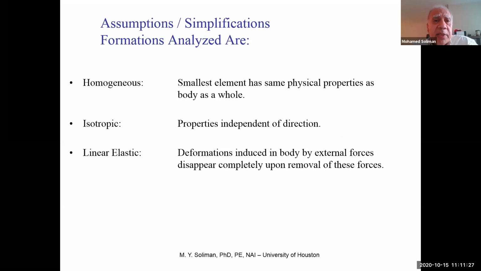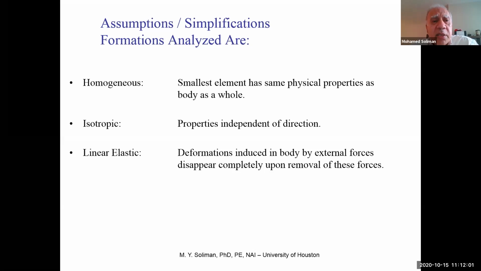We want to talk about some of the assumptions we work with. We can say, well, formation, many times, especially when you study well testing, they tell you the formation is homogeneous and isotropic. There are two different things. Homogeneous formation means that if you take one element in the formation, it basically represents the whole body, the whole formation.